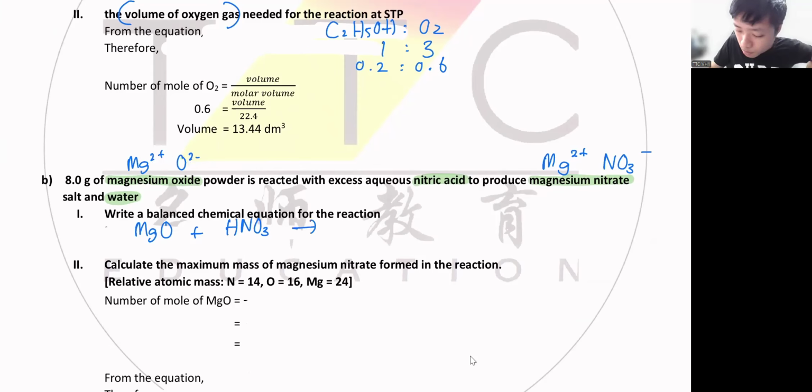Then 2 plus and 1 minus, so the formula is Mg(NO3)2. Then plus water, H2O. Then you balance the equation: you've got 2 H and 1 H, so times 2 for HNO3.